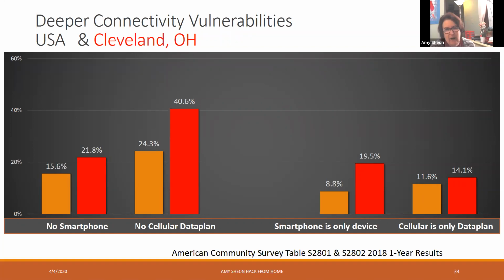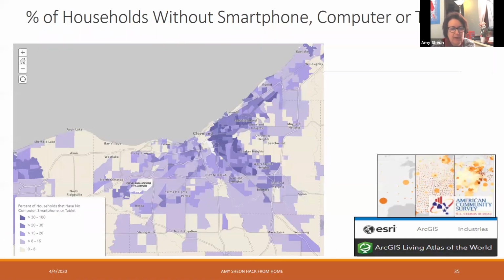Many people think, oh, everybody has a smartphone, so that's solved. But in fact, in the U.S., 25% of people don't have a data plan with their smartphone. If you don't have internet at home and you don't have a data plan, then you're only using your smartphone on public Wi-Fi. And in the era of COVID, people aren't sitting at McDonald's or the library where they can get that free Wi-Fi.